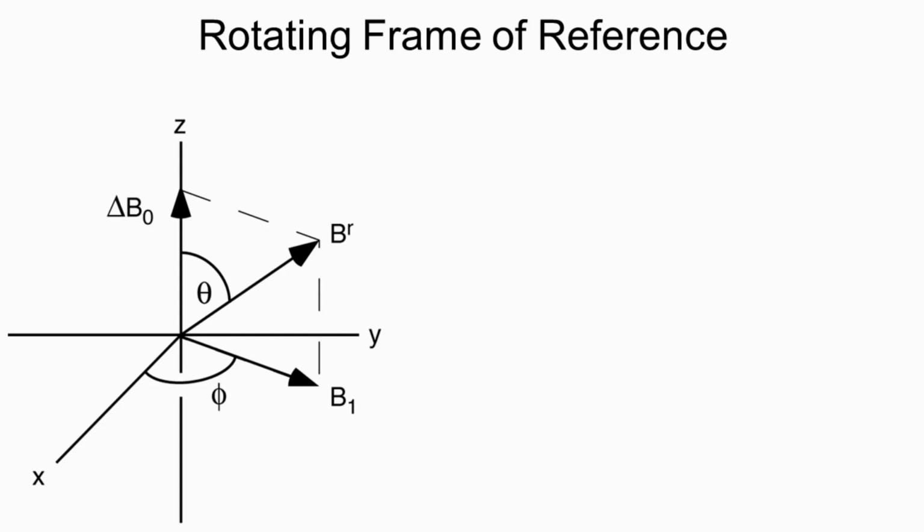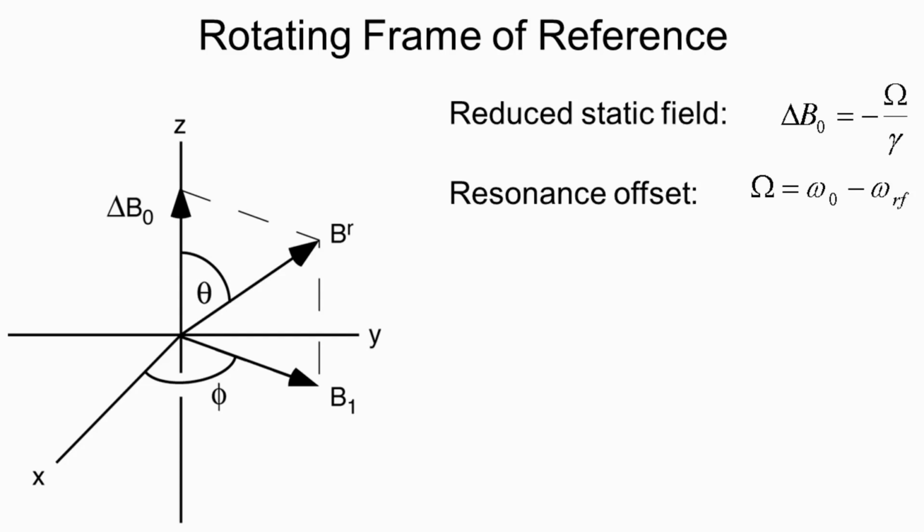And I've already written this in the rotating frame, so delta B0 refers to the reduced static field in the rotating frame. So the reduced static field, of course, is related to the resonance offset as shown by the first equation. The resonance offset, capital omega, is the Larmor frequency omega naught minus the frequency of the RF field.